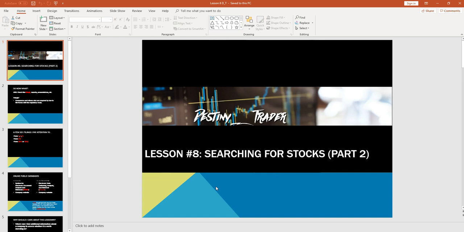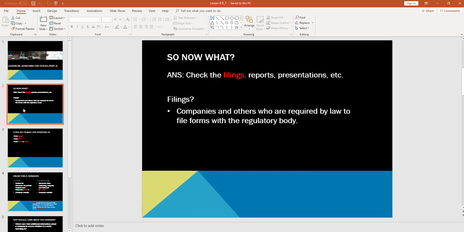In other words, after you select the candidates through FinViz and you have ones that you want to dig further into, you can learn more about the companies either by checking the filings, reports, presentations, etc.